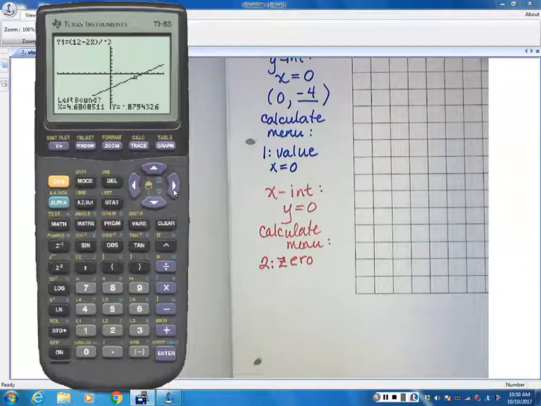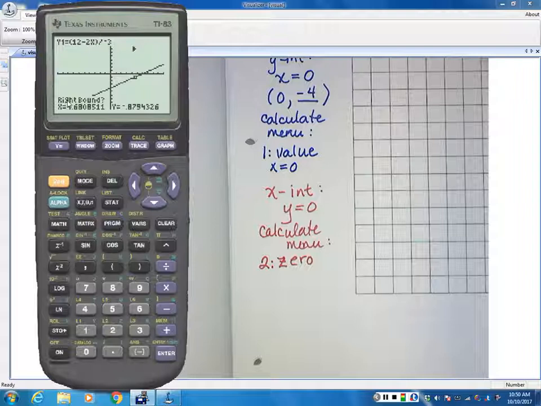Get it close, it doesn't have to be the same exact number I have, and hit enter. Notice it puts a little, kind of like a golf flag up there at the top of the screen, a little triangle, a little arrow pointing to the right.